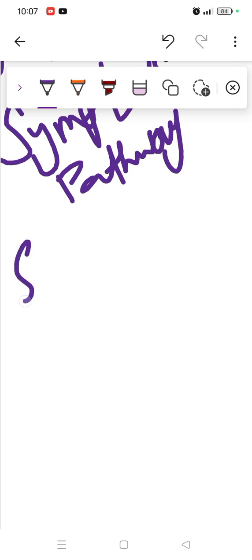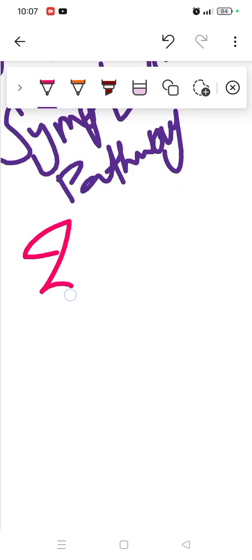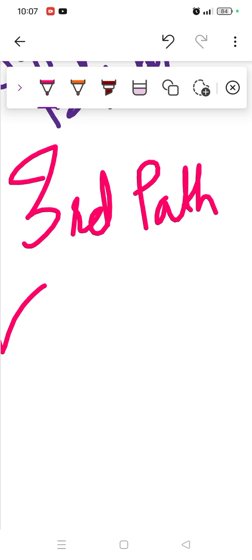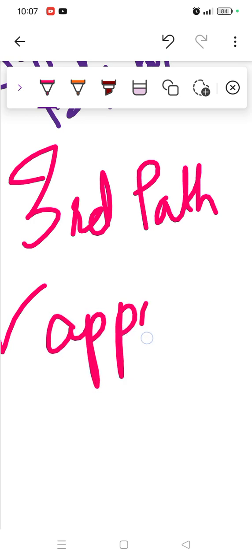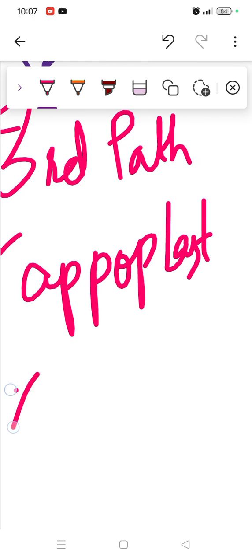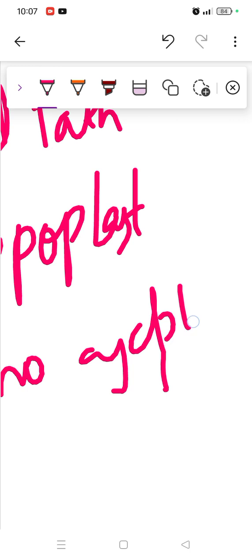So here comes our third path. Let's see what's written in the third path. The third path is called apoplast. It would be simply the opposite of symplast. Here, no cytoplasm or cell membrane is involved.